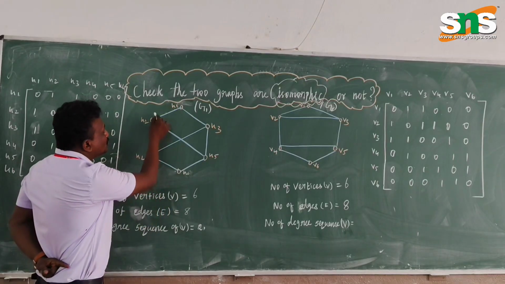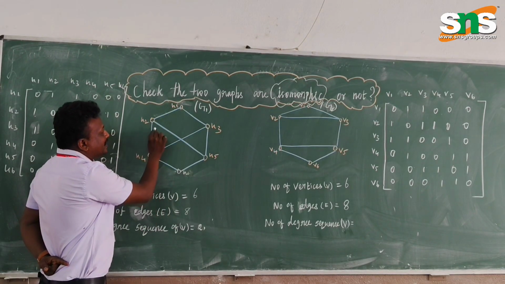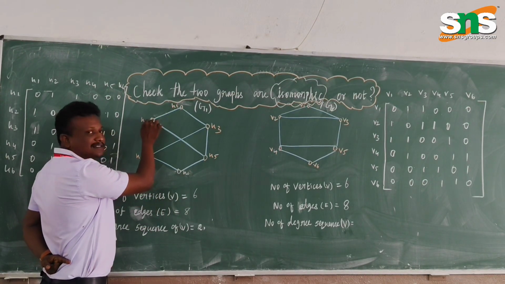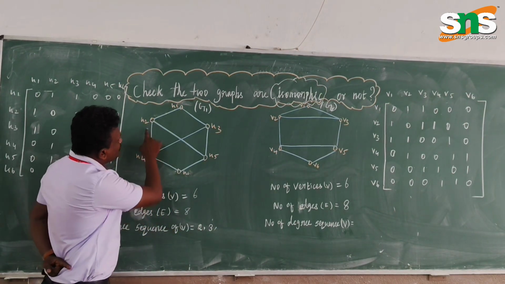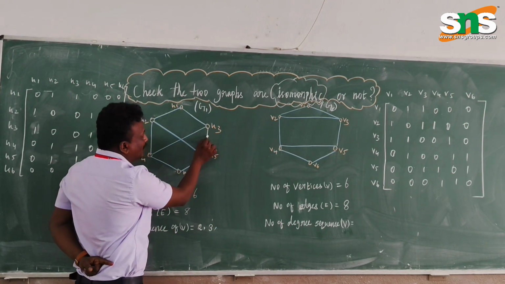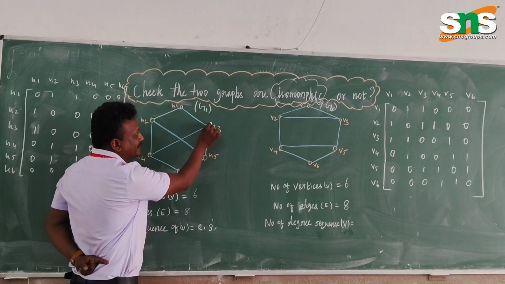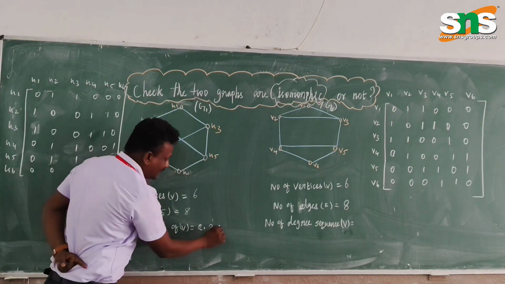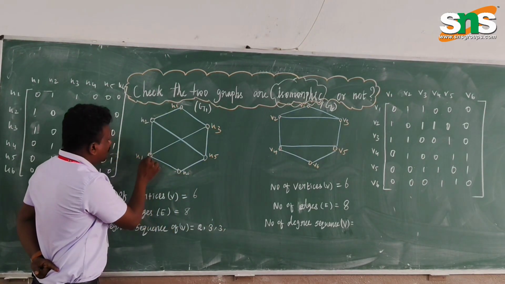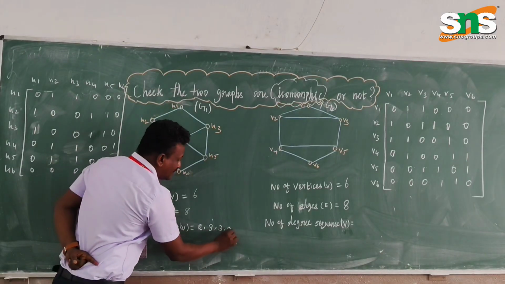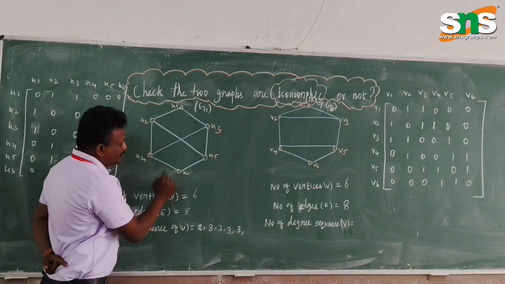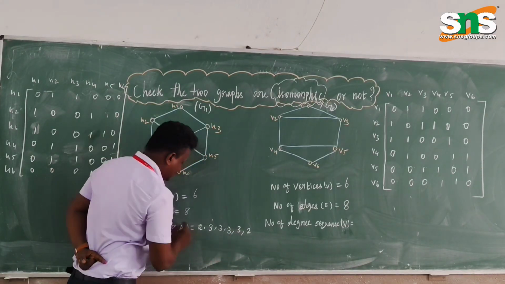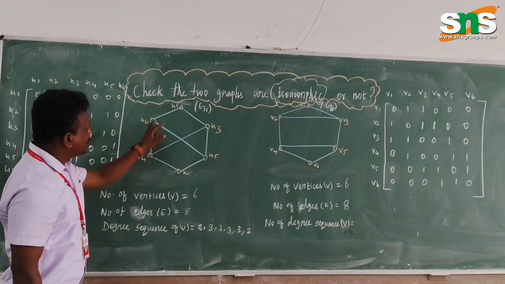Then U2: it has 3 edges, so the degree is 3. Now U3: 1, 2, 3, three edges are incident with this vertex, so it is 3. U4 also has 3. U5 also has 3. U6 is 2. So this is the degree sequence of this graph.